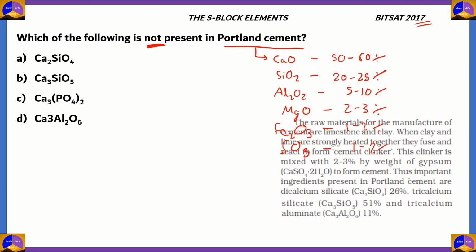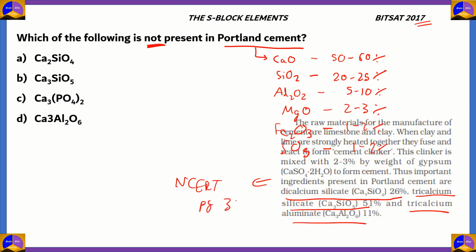So the important ingredients present in Portland cement are dicalcium silicate, that's Ca2SiO4, about 26% of it, and then you have tricalcium silicate, that's Ca3SiO5, again 51%, and tricalcium aluminate, Ca3Al2O6. So these are the ingredients. These are the compounds that are present in Portland cement once it's completely mixed. And by the way, this extract is present from NCERT, page number 312.